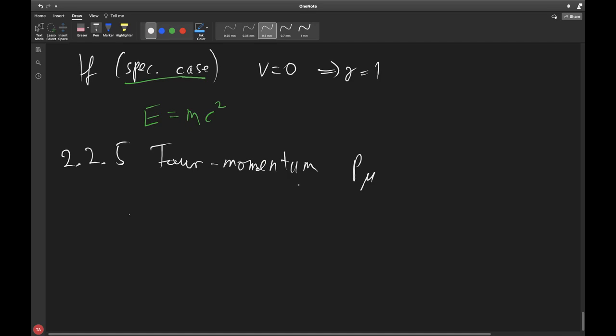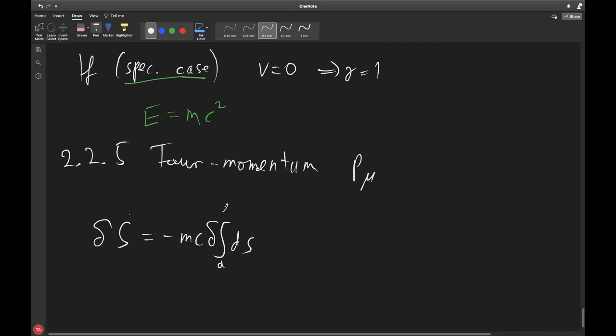To get the 4-momentum, we will look at the variation of the action. So we have delta S, which was minus mc times the integral of ds. We want to vary this. mc is a constant, so there is nothing to vary on that, so ds is the only part which we can vary.